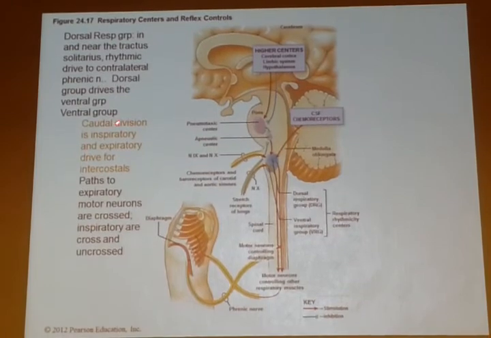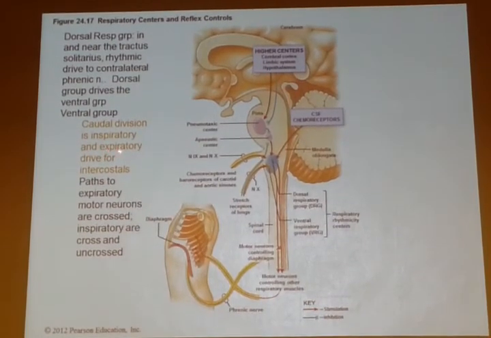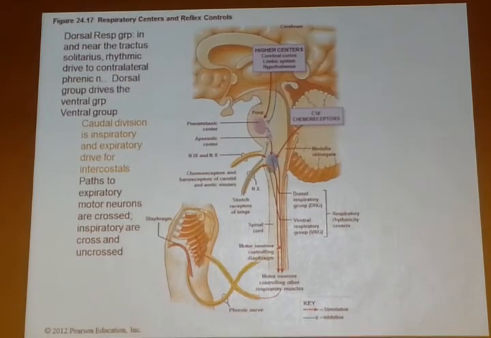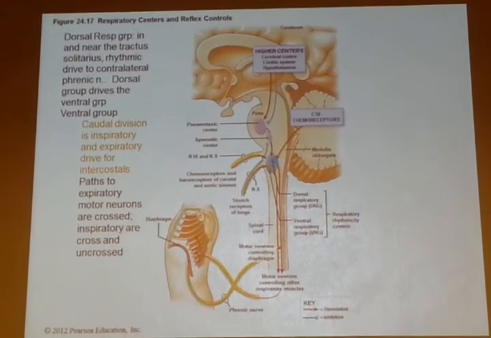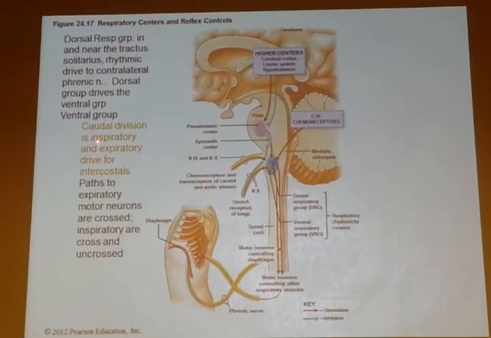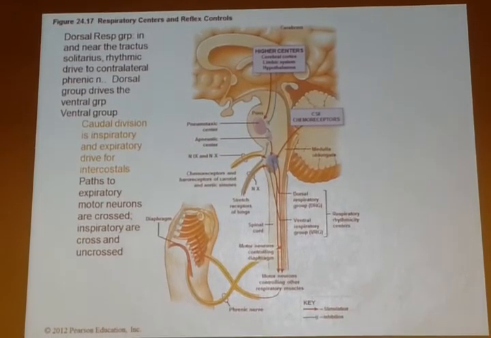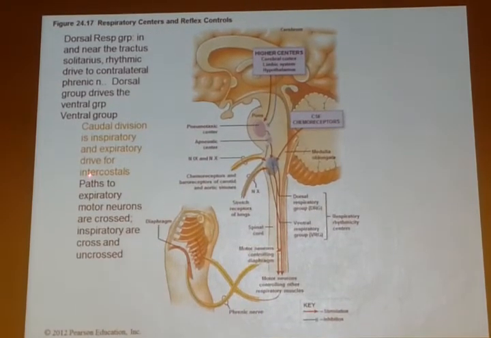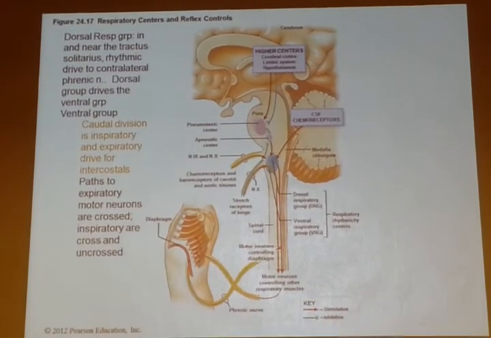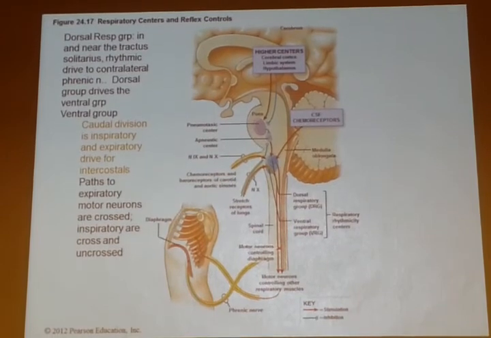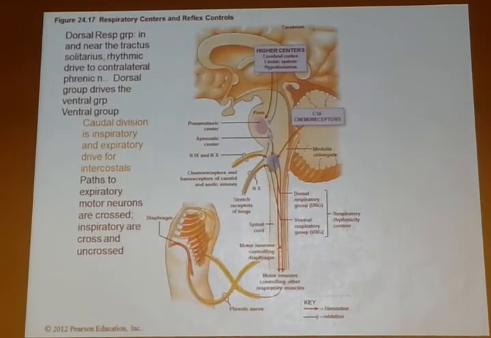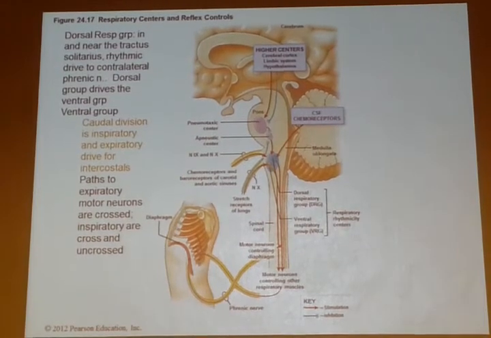The caudal division is inspiratory and then turns off for expiration, and the control for your intercostals. So inspiratory is going to be driving the external intercostals, and for expiration, it will be in control of the internal intercostals.